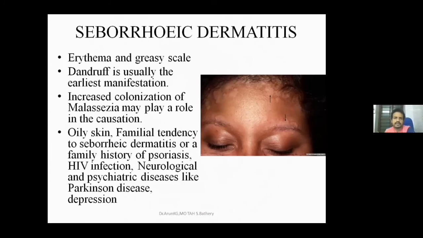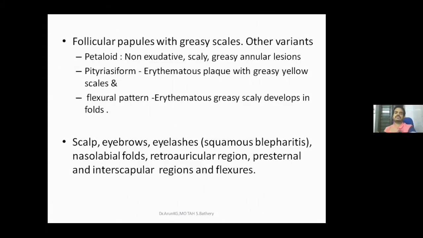So along with that, if nasolabial involvement, eyebrow involvement, axilla, then flexor involvement is there, and crust etc. is there, we will describe that as seborrheic dermatitis. So scalp, eyebrows, eyelashes, then nasolabial fold, retroauricular region, pre-sternal and interscapular regions and flexors.